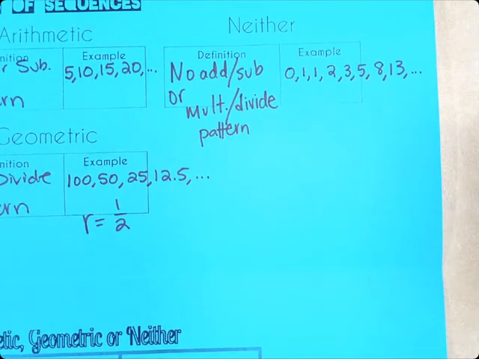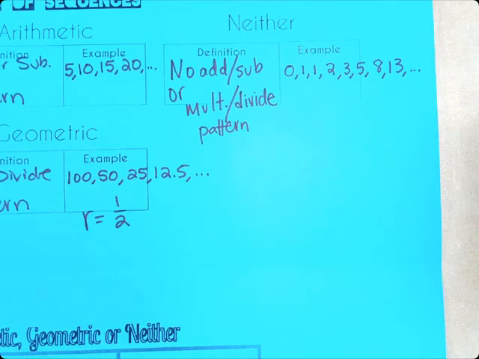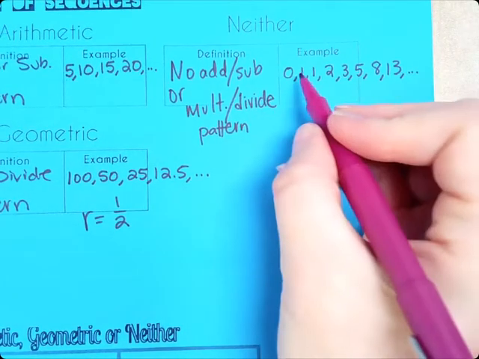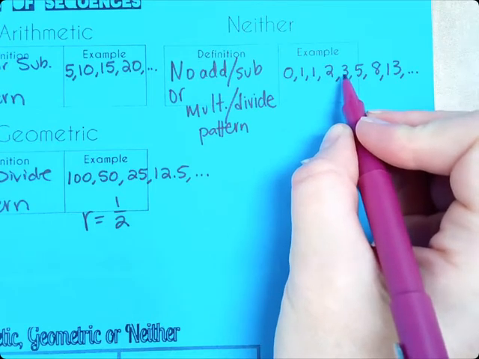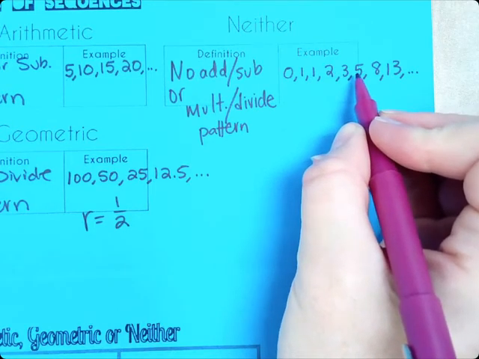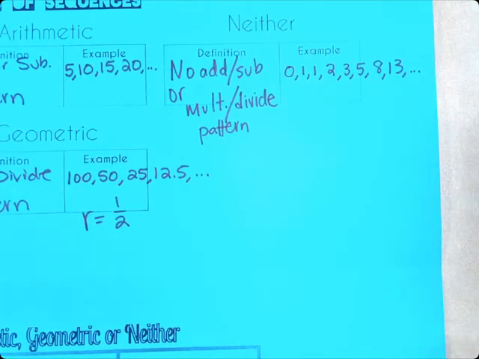Any idea? Yes, you're right. It adds the previous numbers. So 0 plus 1 is 1, 1 plus 1 is 2, 1 plus 2 is 3, 2 plus 3 is 5, 3 plus 5 is 8, 5 plus 8 is 13. So it is a pattern, just not what you would expect.